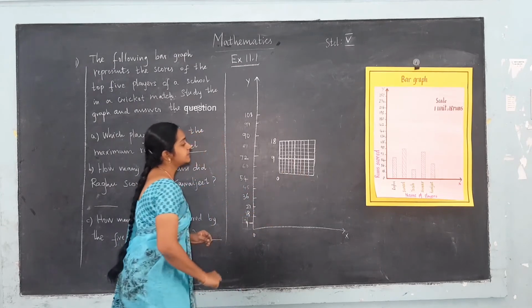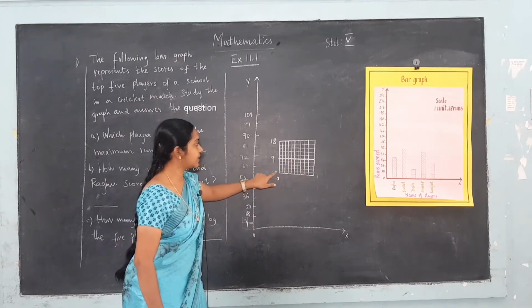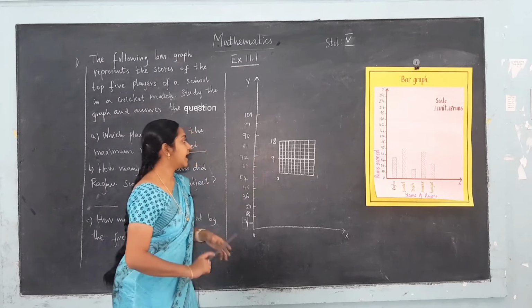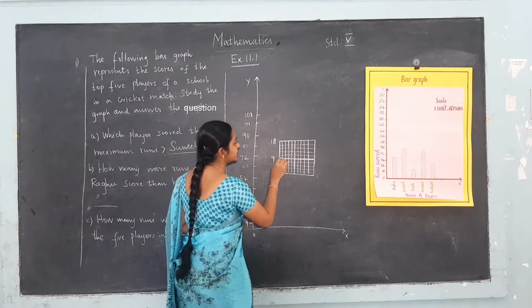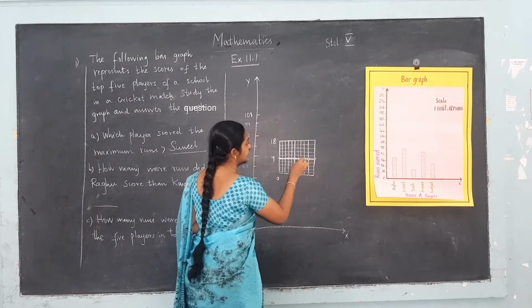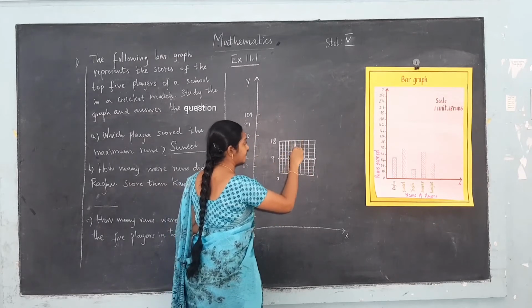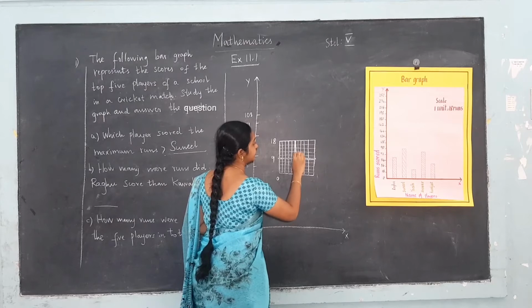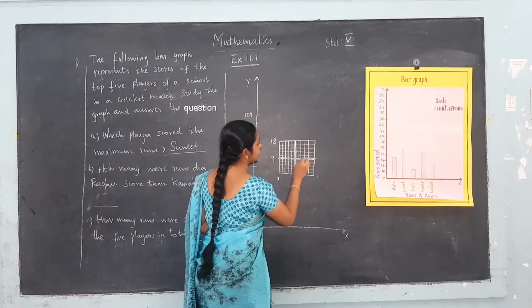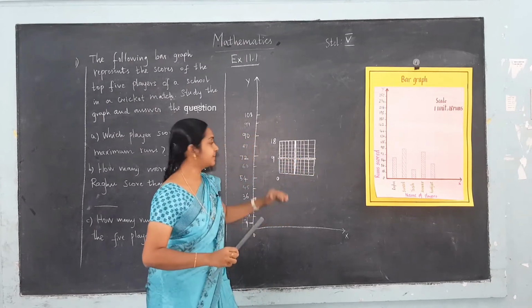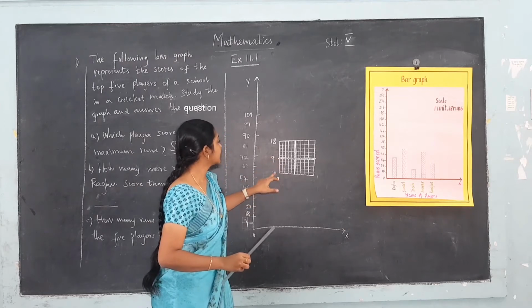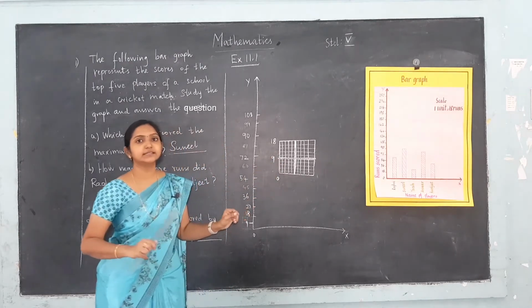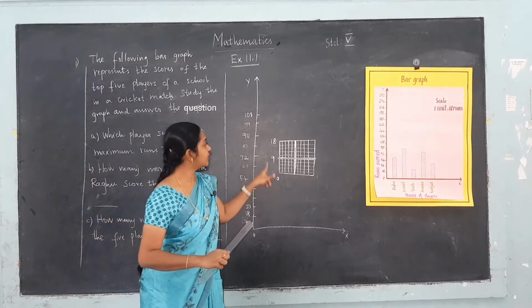Here we will be having numbers from 0 to 18, and here there will be a darker line which represents half of the square. There will be a darker line in the graph which represents its half. So we have to find the number that is in between 0 and 18.